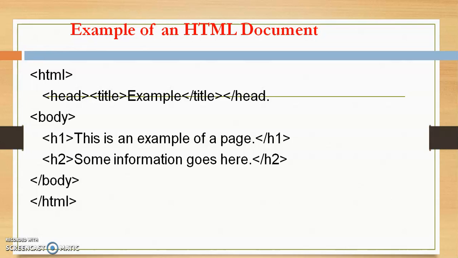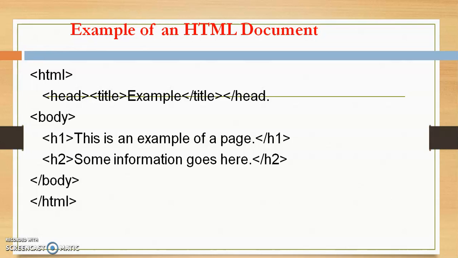Next comes the body tag. In this, there are two tags, H1 heading and H2 heading. The content to be displayed is, this is an example of a page, and the H2 content is, some information goes here. And the body tag is closed here, and then comes the ending of the HTML tag.